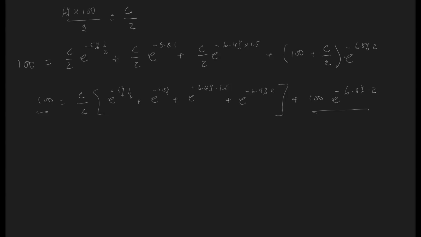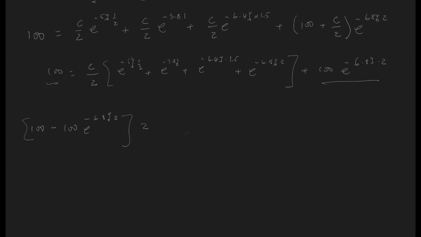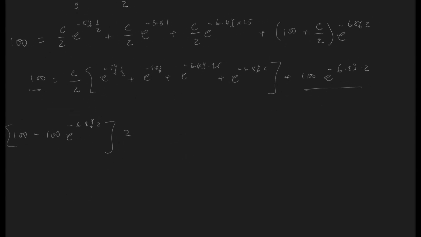Because we want to find c. That's what we are after. So if we did that, we would have 100 minus 100 e^(−6.8% × 2), and that's going to be equal to c multiplied by this whole term here, the sum of the exponentials.